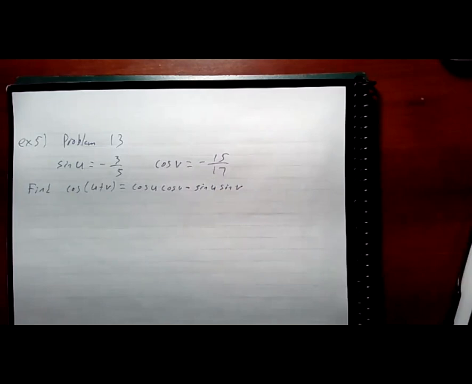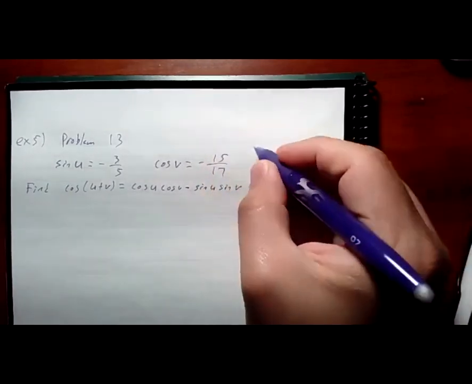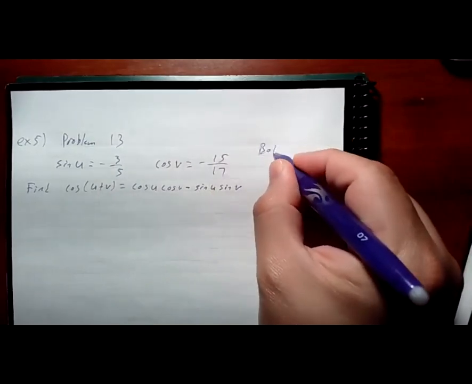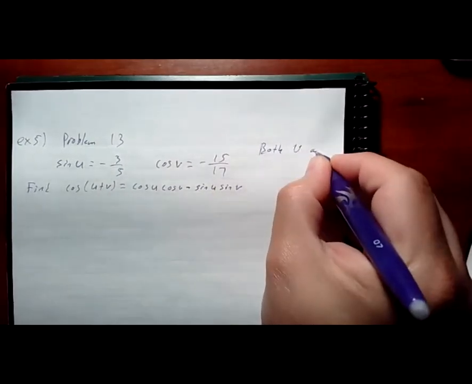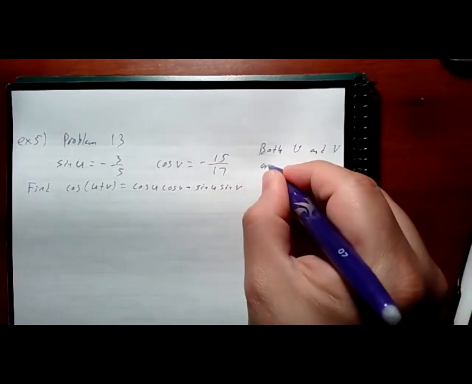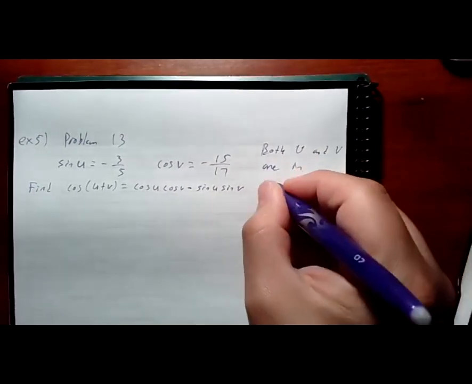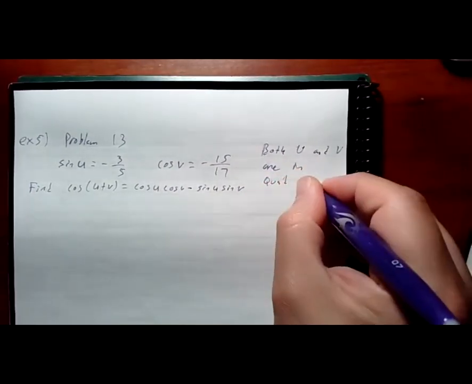So the note they also give us is both u and v are in quadrant 3.